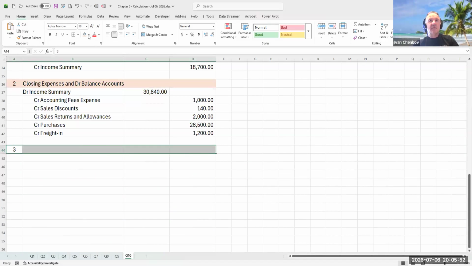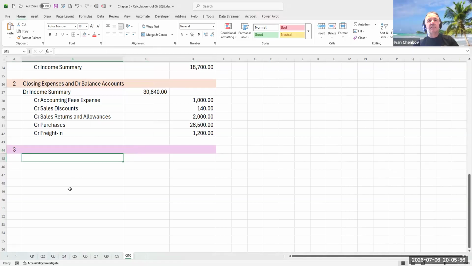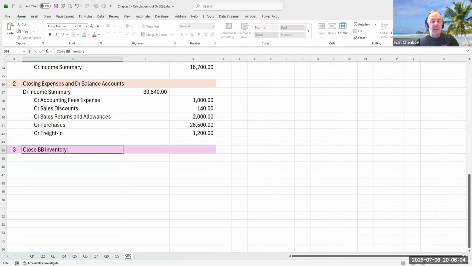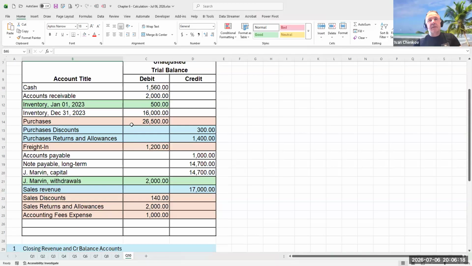So in step 3, I'm going to highlight it in that kind of color. First, we're going to close the beginning balance of the inventory, and then we're going to open the ending balance of the inventory. So the beginning balance of the inventory, as you can see, is debit.